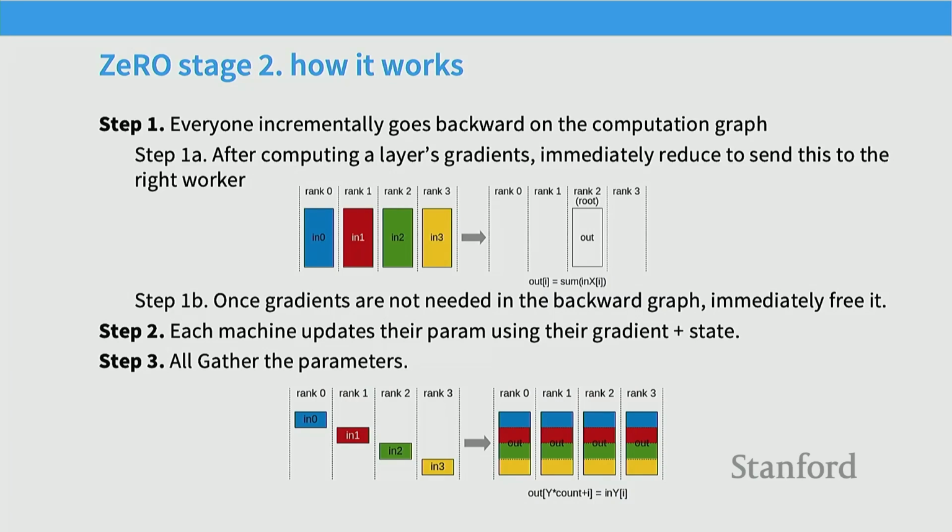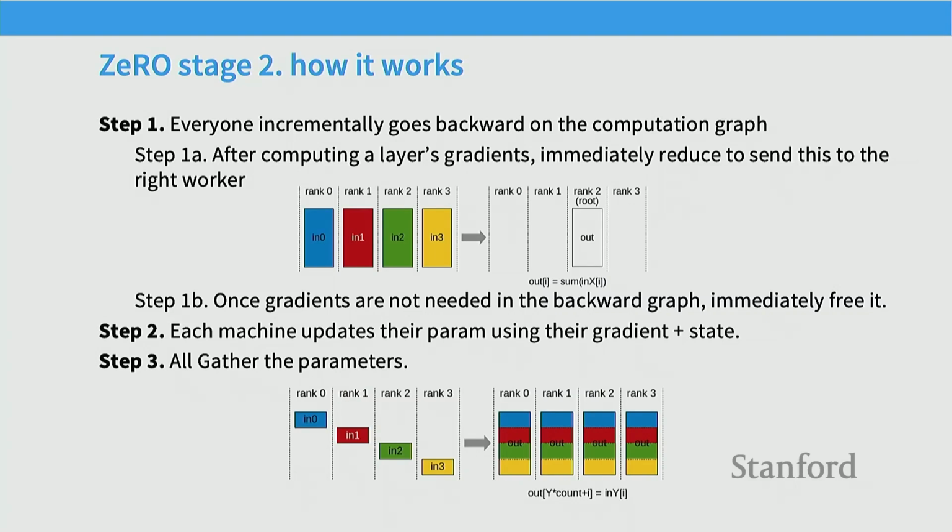And let's say we're going to operate layer by layer, right? So layers are sharded atomically to different GPUs. So as we go backwards on the computation graph, after we compute a layer's gradients, we immediately call a reduction operation to send this to the right worker, right? A layer belongs to some worker, maybe it's GPU number 2 in this case. So we immediately reduce that, send that to the worker at that point. And gradients are now no longer needed. I don't need to store the gradients on ranks 0, 1, and 3, so I can immediately free that.